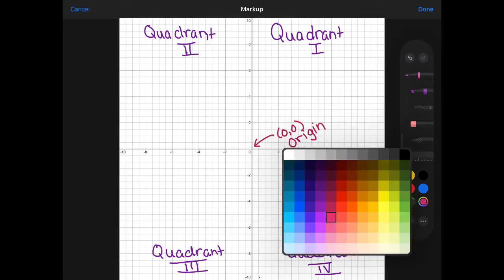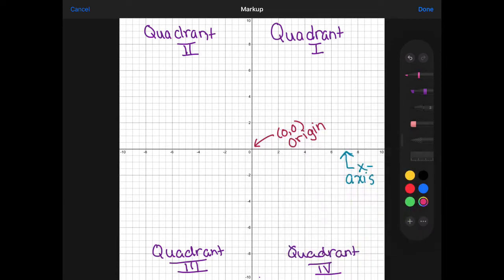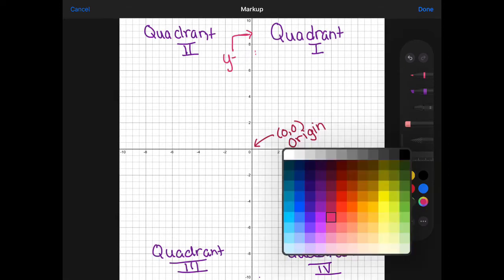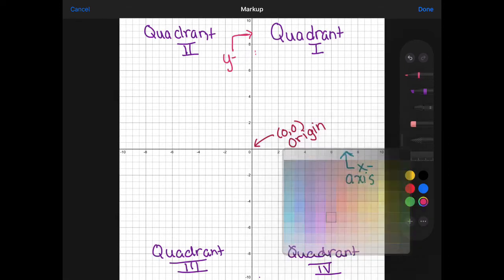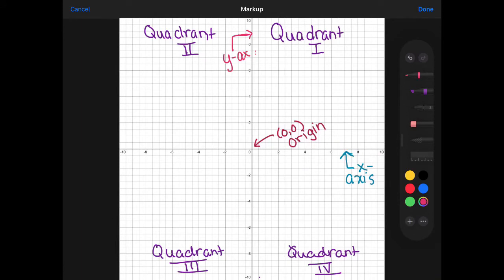And we also have our y-axis, which is our vertical axis. This is our y-axis. Let me fix that a little bit. We have our y-axis.